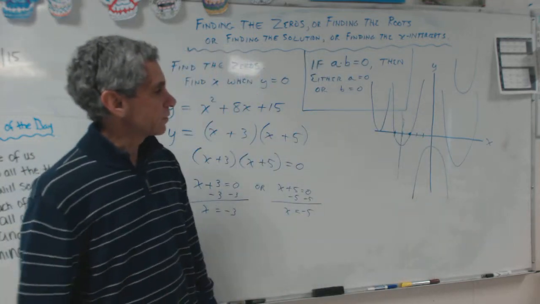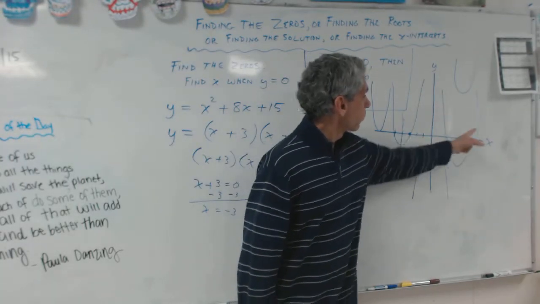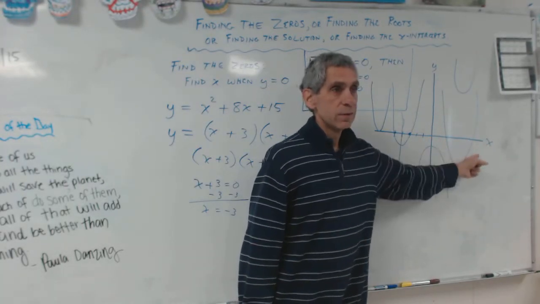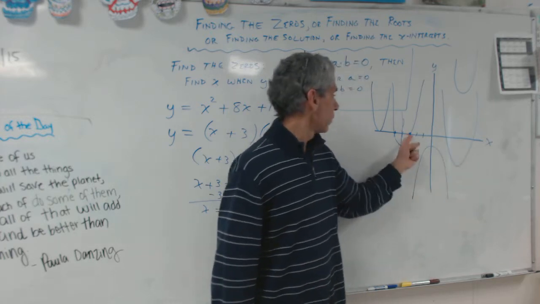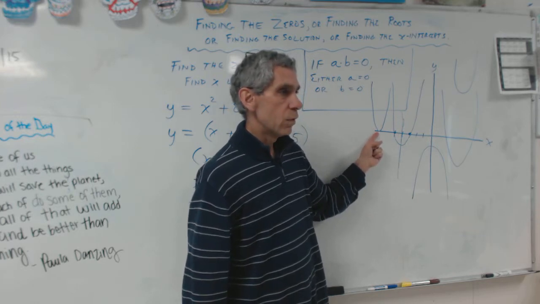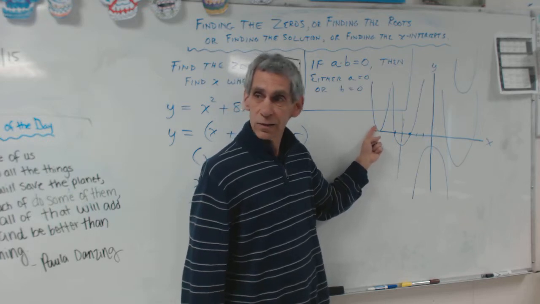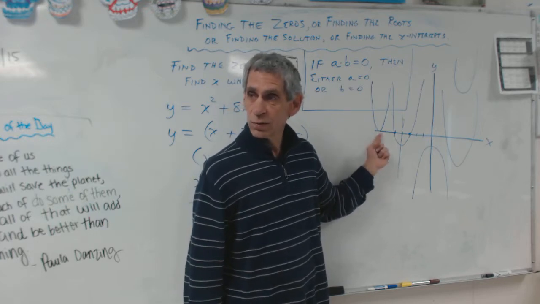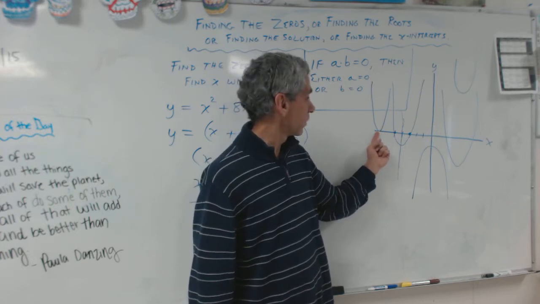Okay, how many possibilities are there? For this one, two, right? Two x-intercepts. For this one, two x-intercepts. What about for this one? Only one. The vertex is on the x-intercept, therefore it doesn't go below, so there's just one solution.